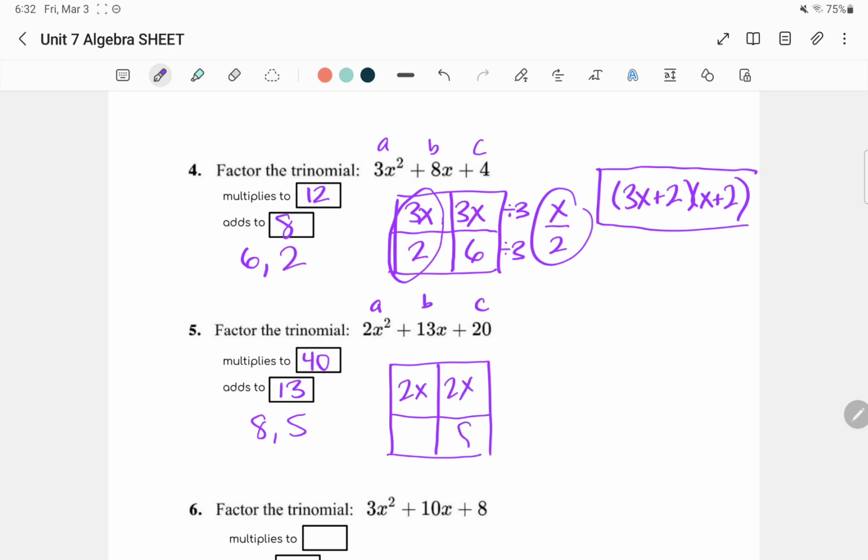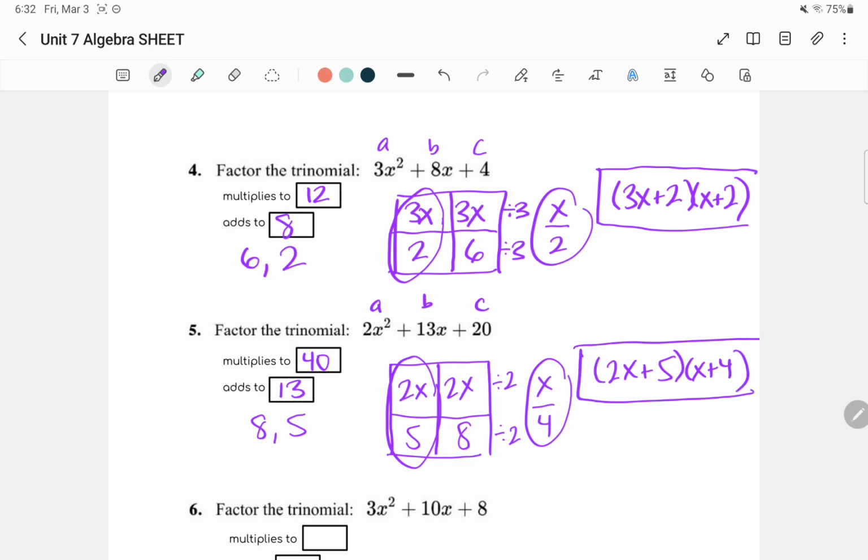And I'm going to put, again, 8 over here so I can simplify. So this one cannot be simplified. This one can be divided by 2 to give me x over 4. So now all I'm doing is putting this into the parentheses, 2x plus 5, x plus 4, and I'm done. You can go ahead and FOIL and double check, but that would be correct.